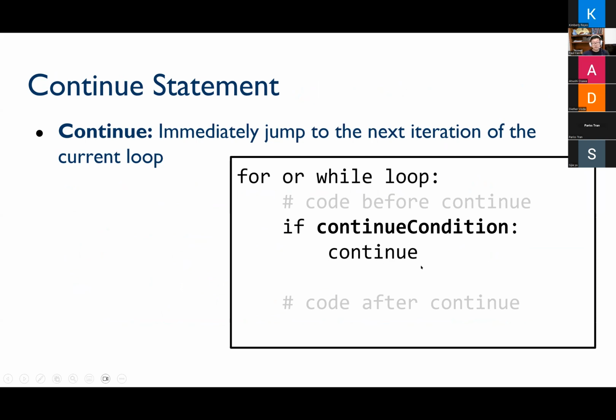If the continue statement is executed, this part will be skipped for the current iteration. But this part is not going to be skipped for the next iteration by default. In other words, if this continue executes, you skip this part. If the continue doesn't execute, you do the code before continue and after continue.